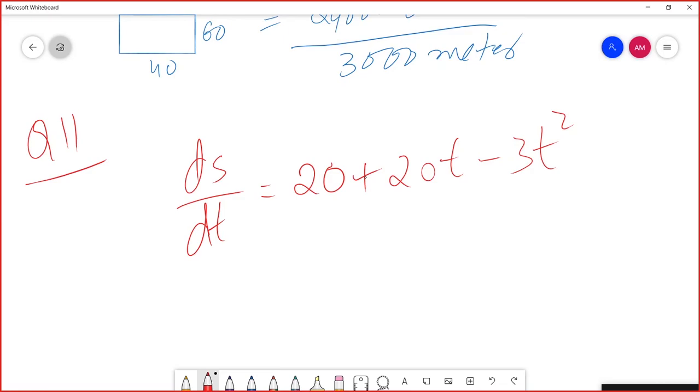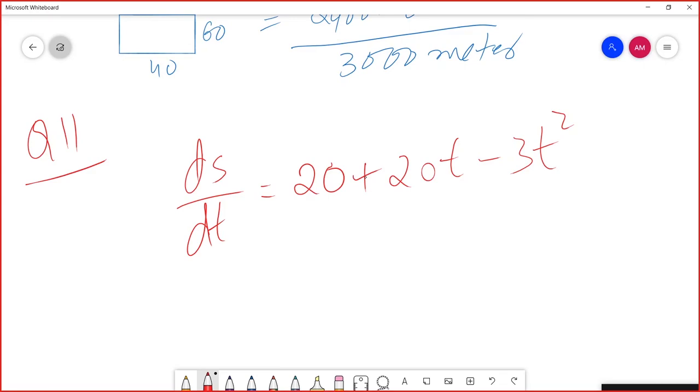So it means ds upon dt is the number of cars sold with respect to t in weeks. It gives you the rate of the sales of the car during these 4 weeks of the campaign. Does it make sense to you?